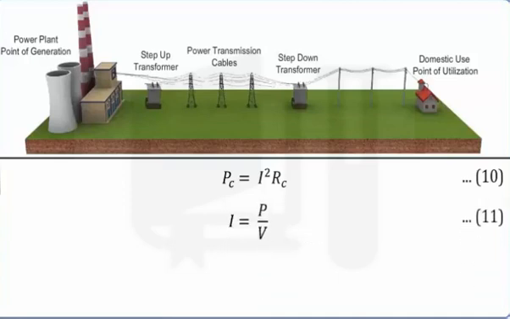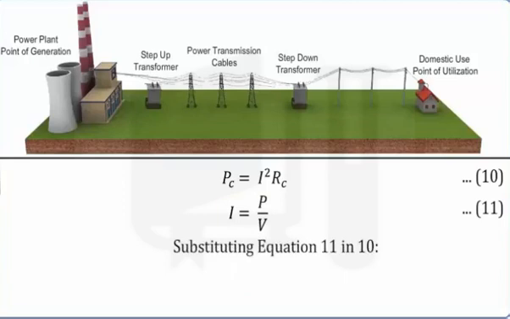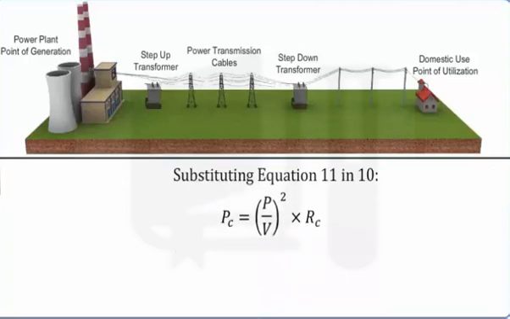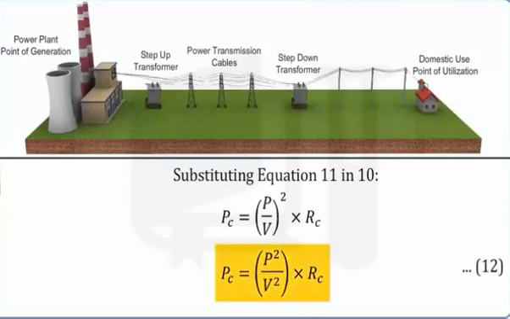Substituting equation 11 in 10, we get PC = (P by V) whole square into RC. That is, PC = P²/V² into RC. Let this be equation 12. This equation helps calculate the power loss PC due to the resistance RC in the transmission cable.